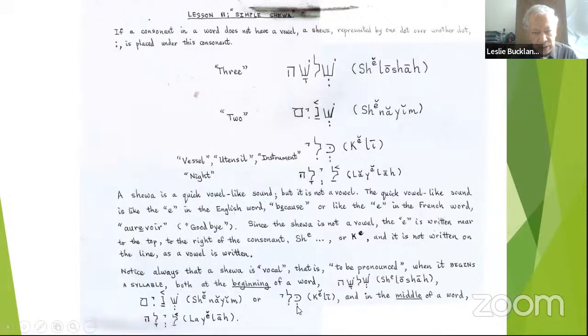They are at the beginning of a word and also in the middle of a word, like layala. So you pronounce the schwa when it begins a syllable, both at the beginning of a word and in the middle of a word.